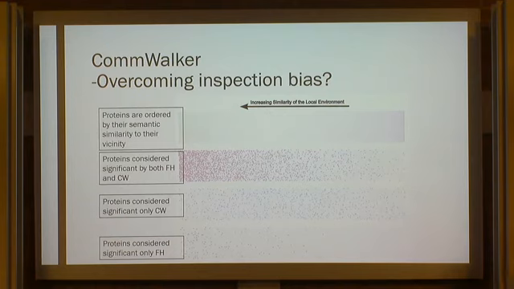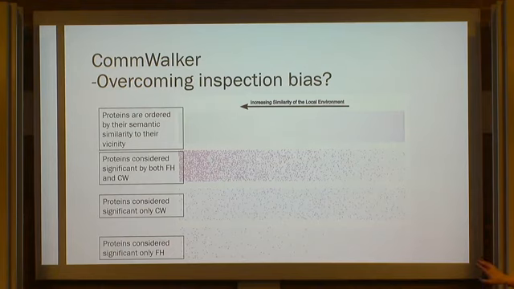The things at the right-hand side are not very like their neighbours, in that there's not much functional information about them, and on the left-hand side there's loads of information about them in functional terms. I've coloured the nodes if proteins are considered significant by both the original method, functional homogeneity, and by CommWalker. And you see this massive bias towards the left-hand end. So basically, we're picking up things which have lots of annotation on them, and we're saying that they're right. That's good.